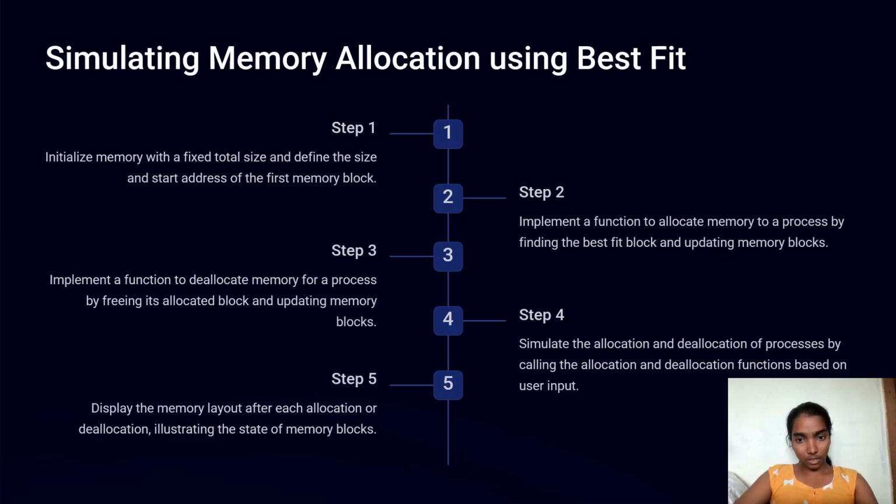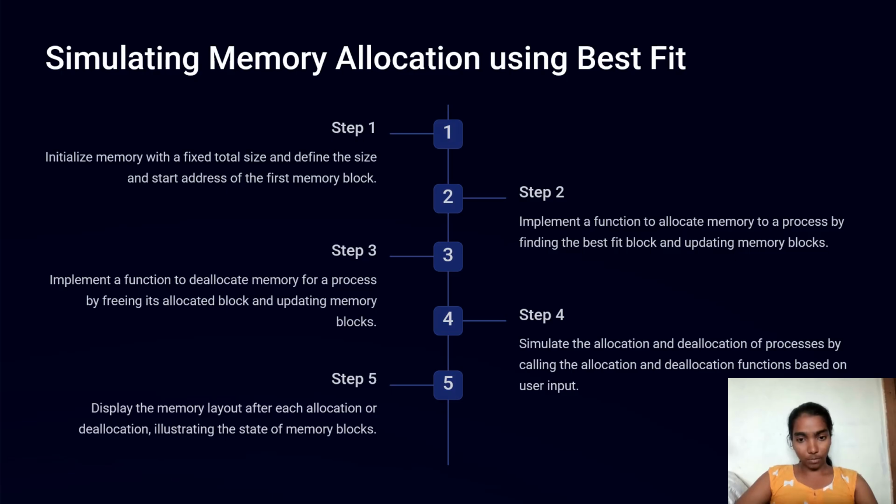The second step is to implement a function to allocate memory to a process by finding the best fit block and updating the memory blocks. In the third step, implement a function to deallocate memory for a process by freeing its allocated block and updating memory blocks.